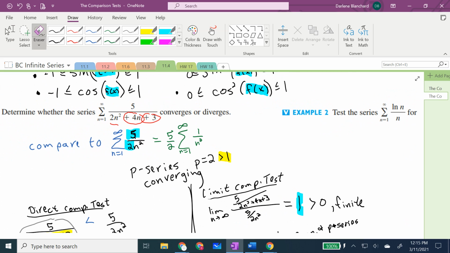Had this problem, instead of plus 4n plus 3, had it been minus 4n minus 3, I wouldn't have been able to use the direct comparison test because the inequality wouldn't work in my favor. But the limit comparison test is still just as useful whether I have addition or subtraction. Limit comparison test takes it.